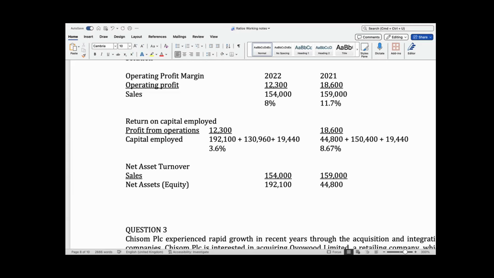So, how many times? It's 0.8 times. What about in 2021? 3.6.